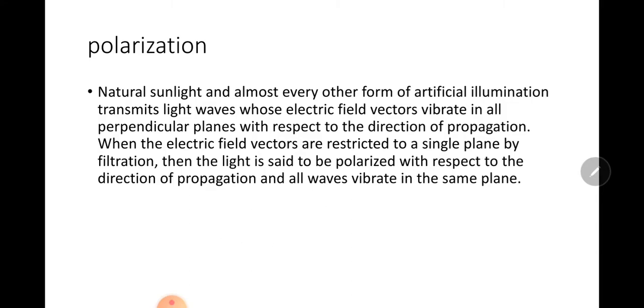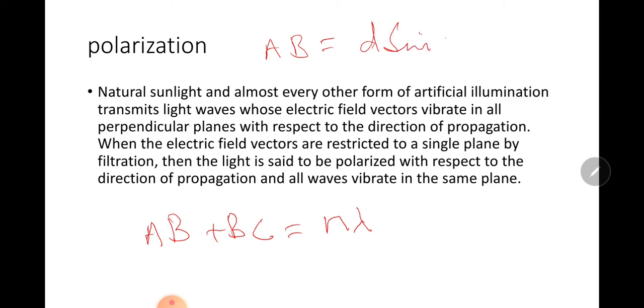So the calculation we did: AB plus BC is equal to the path difference, which is equal to n lambda. AB is equal to d sine theta, BC is equal to d sine theta.